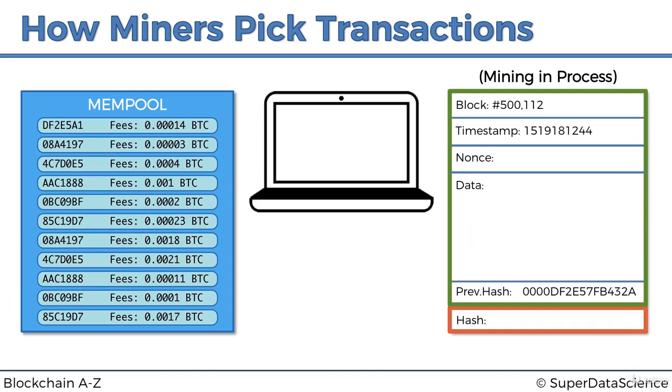Okay, so how is the miner going to pick these transactions? Well, if we look at them, we can see there's a transaction ID, which is much longer in real life. And then there's usually some more information, but here you can see the fees that the miner will get for including each one of these transactions. Fees are another topic we'll cover further down the course.